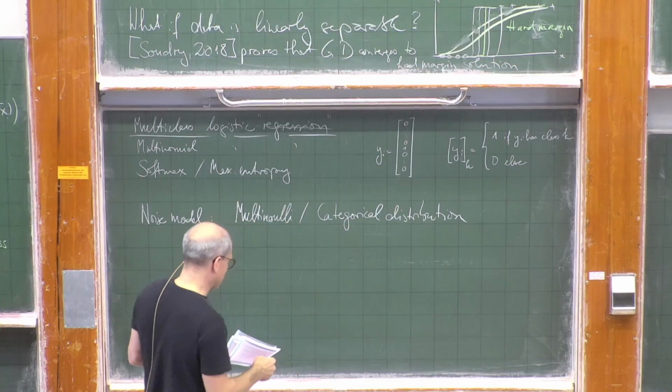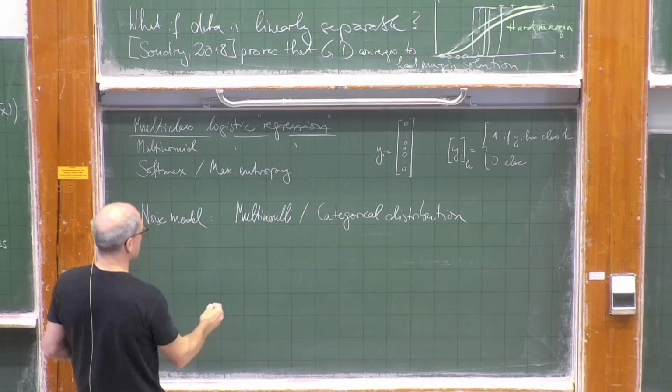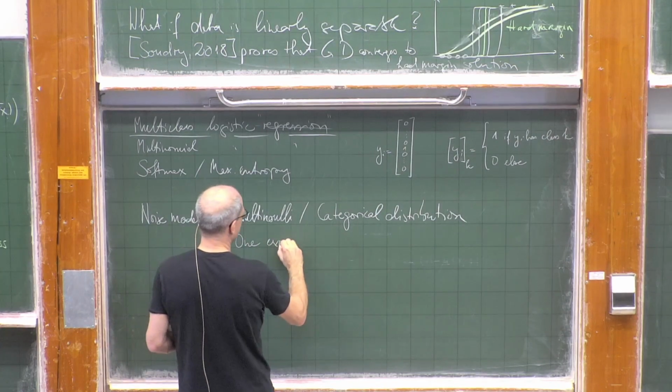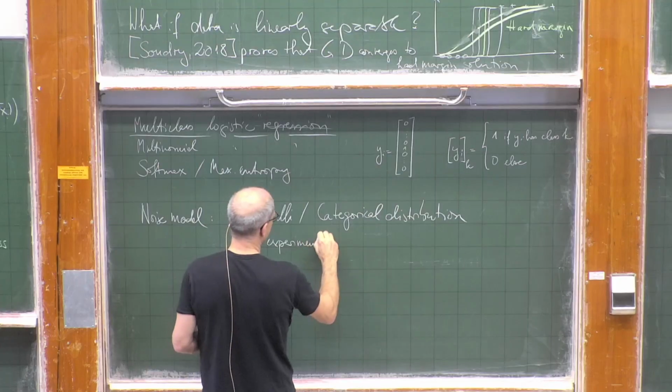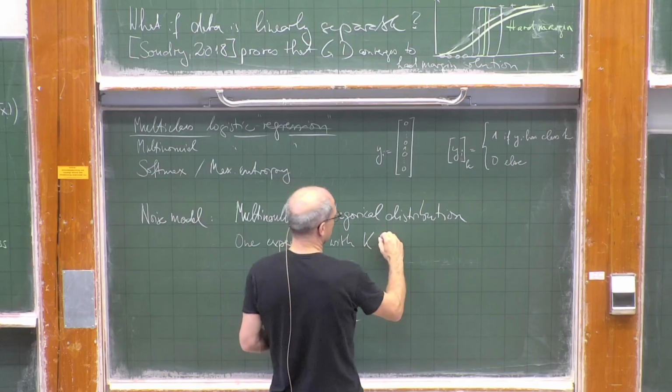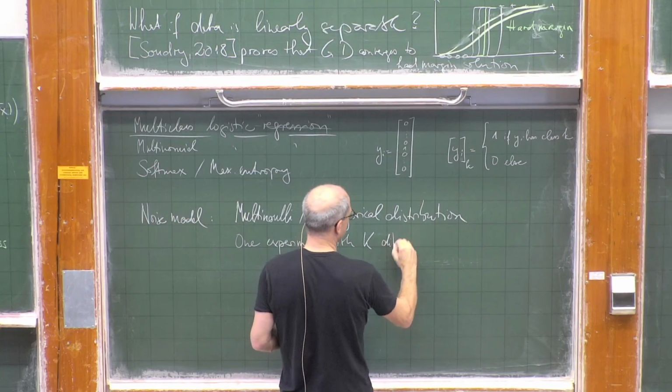Yeah, so what it describes is one experiment with k different nominal outcomes.